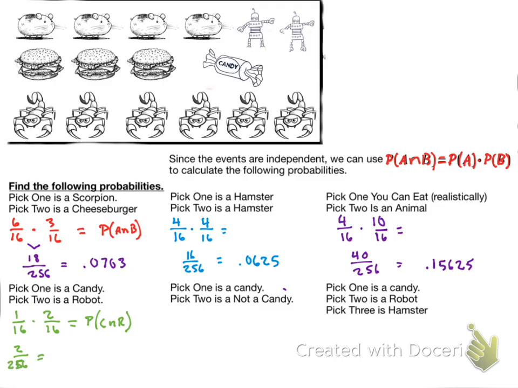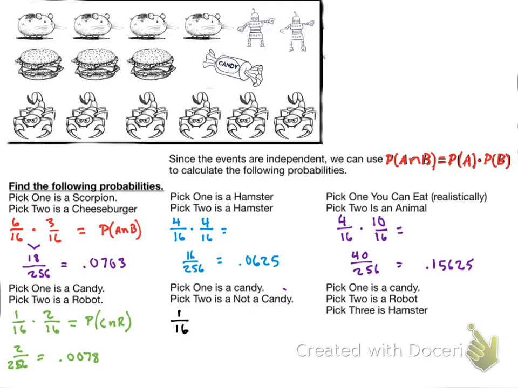Out of 256, that is a 0.0078 probability. Okay, next, pick 1 is a candy. That's 1 out of 16. Pick 2 is not a candy.